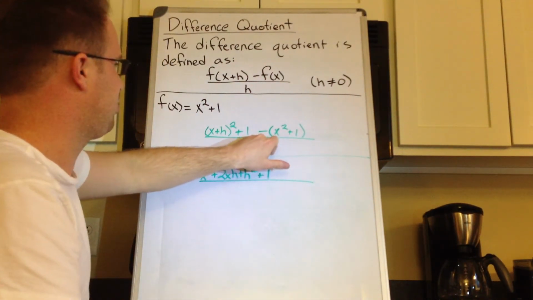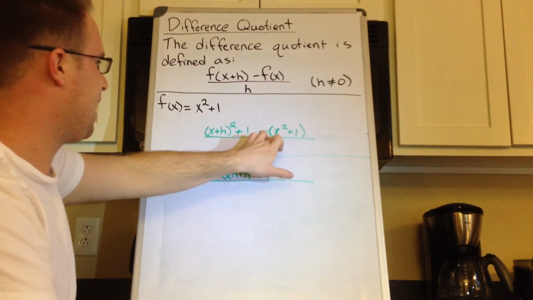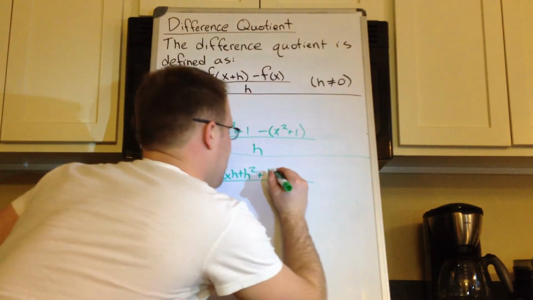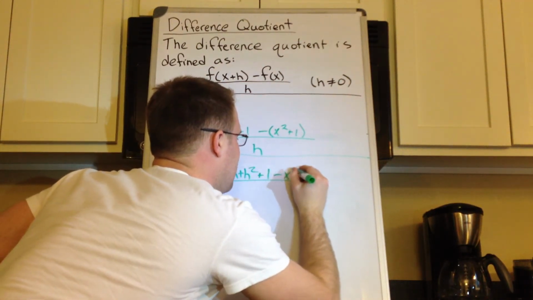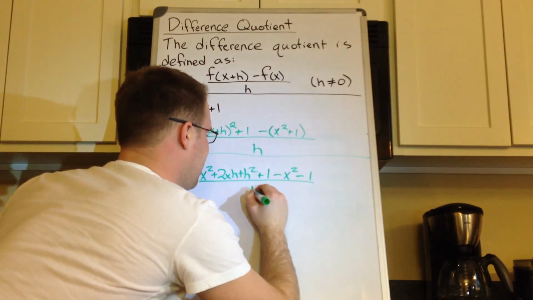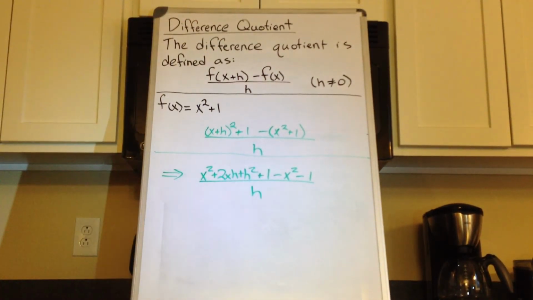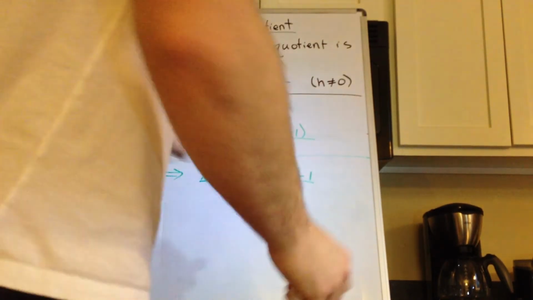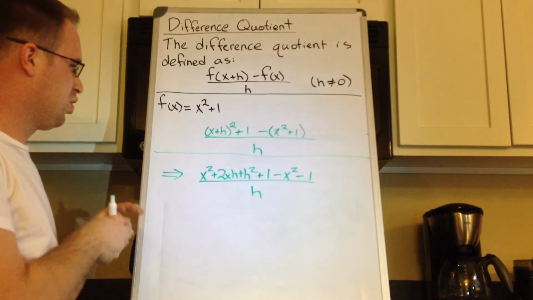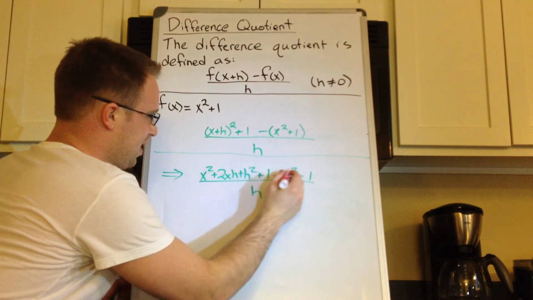And now I'm going to distribute this negative to both of these terms so we can get rid of the parentheses. So it's going to be minus x squared minus 1, and all of that is still going to be over h. Now, a lot of this stuff is going to cancel on the top. Here we have an x squared, and here we have a negative x squared.